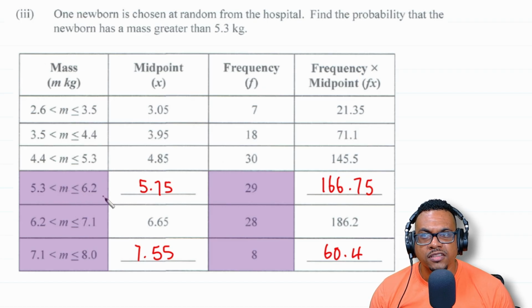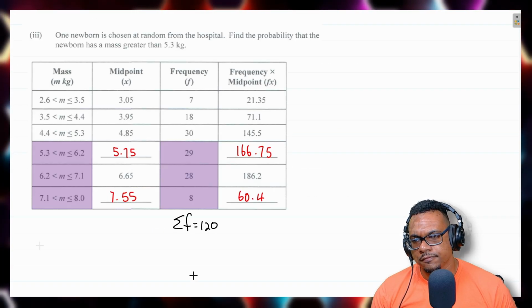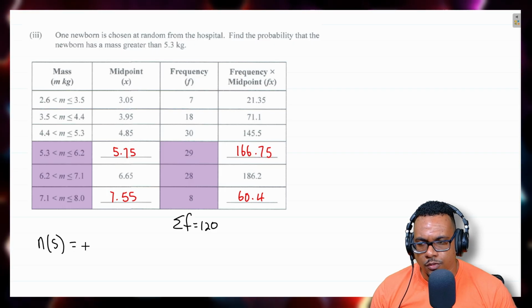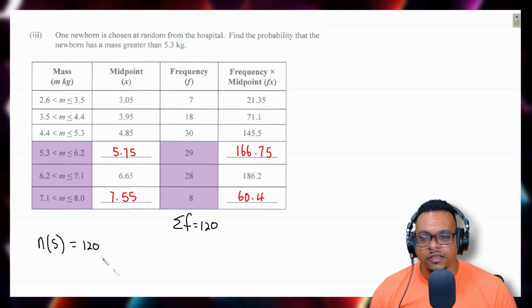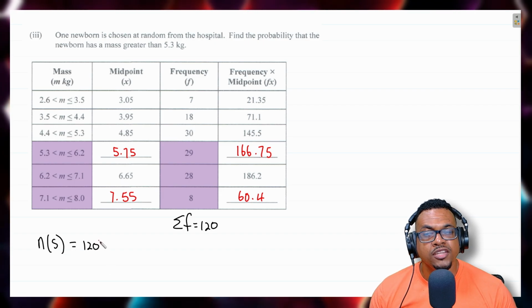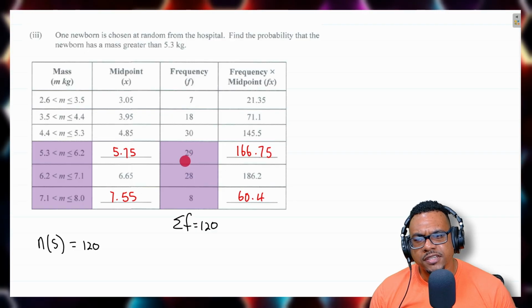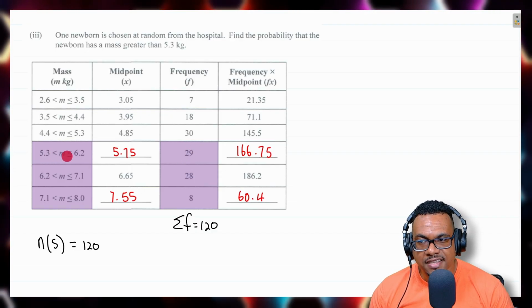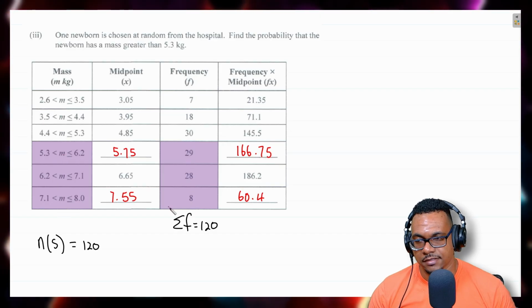So remember, the total number of newborns was 120, which was sigma f, which means the number of elements in our sample space is 120, because that's the total number of newborns. So now all you have to do is calculate how many newborns have a mass greater than 5.3. The frequency will give us the number of newborns. So starting from this class interval, go down. That's 29 plus 28 plus 8.